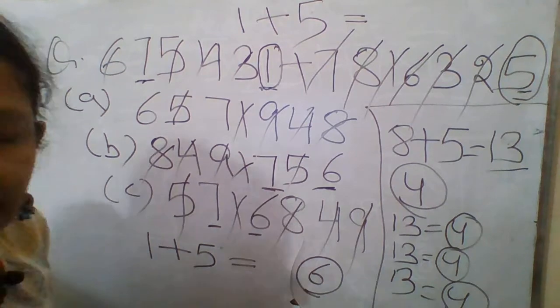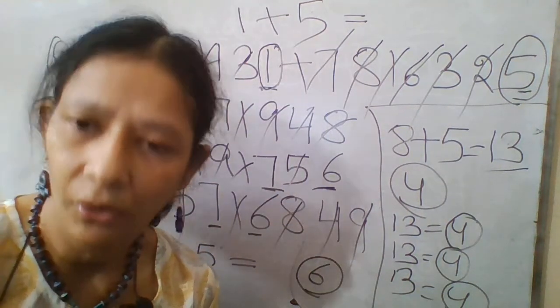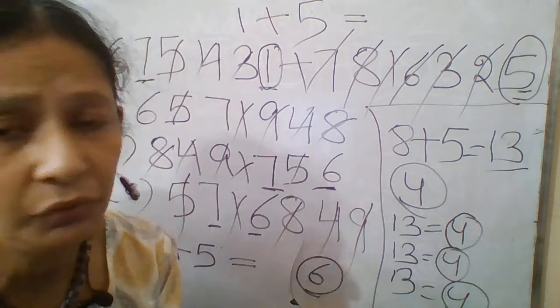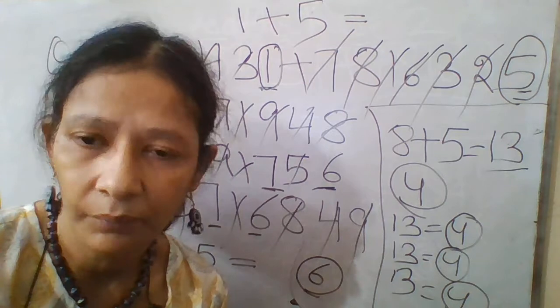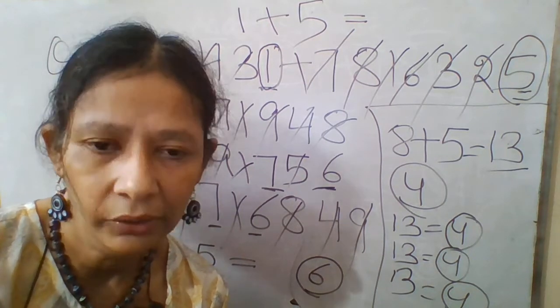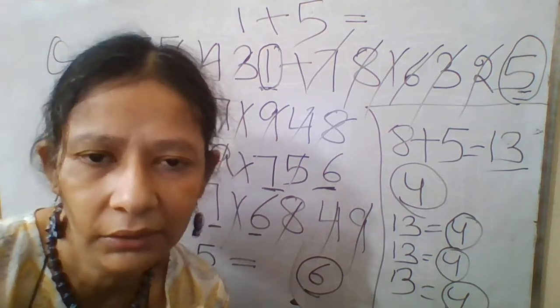So listen, when you get the same DR in all the options, you sometimes have to follow the unit digit method, and sometimes the unit digit may also be the same. Then you have to find the sum by the double digit method.